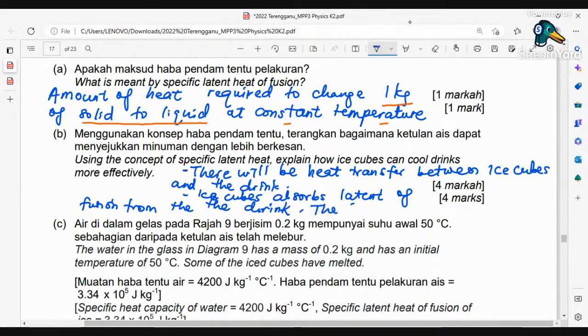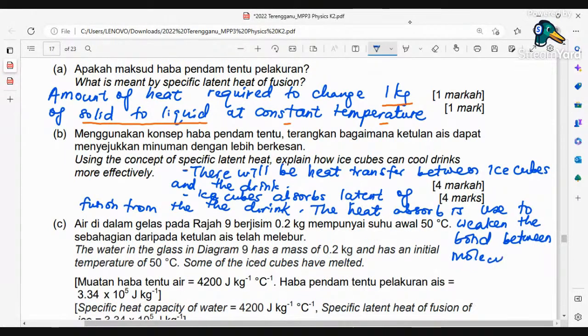The heat absorbed is used to weaken the bond between molecules of ice cube.